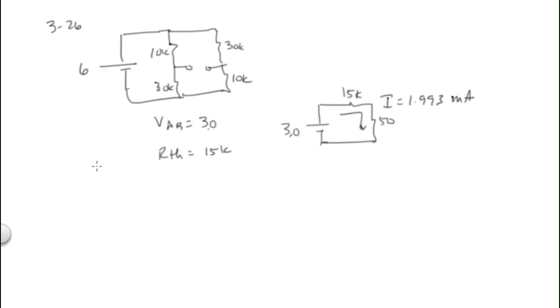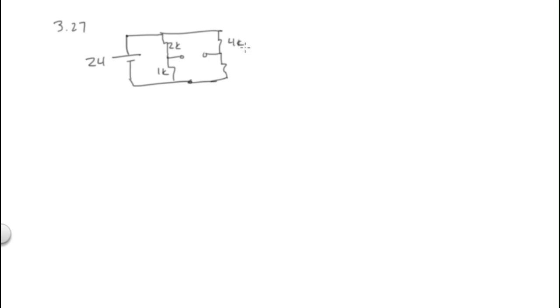Okay, so now for 327D, we have: find the current between A and B for the following values of the resistance between A and B. So here we're going to go back to 321B, and we've got 24 volts, and we've got 2K and 1K, 4K and 1K.